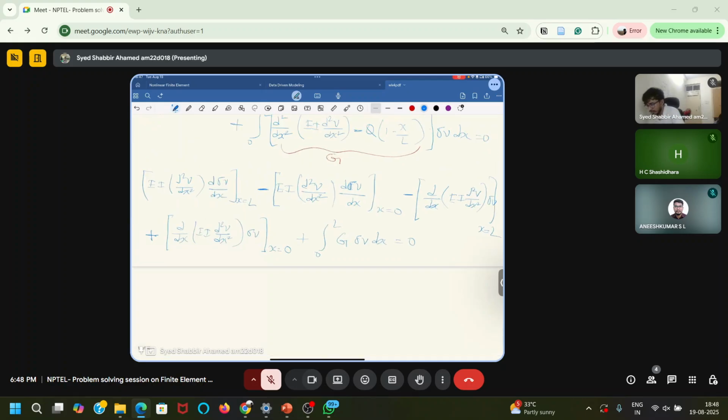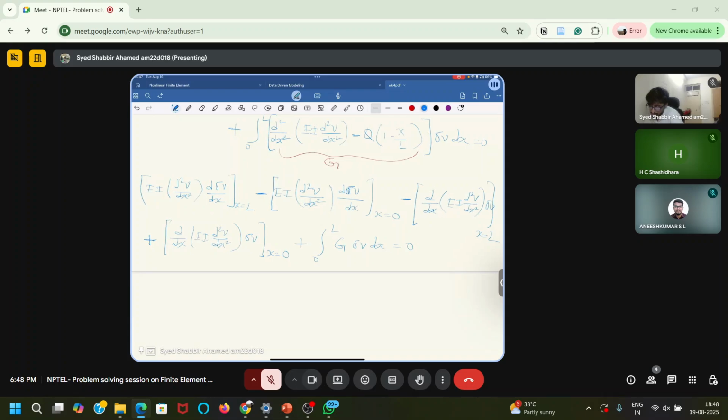So for this entire thing to become 0, each individual term should become 0, because δv can be arbitrary. We can take any δv, but this entire thing should become 0.